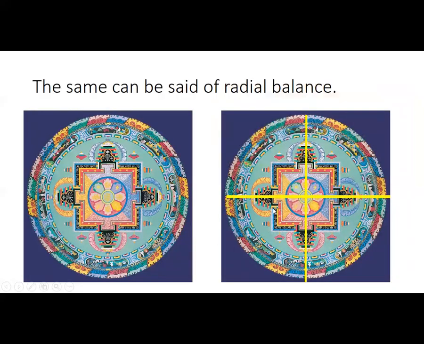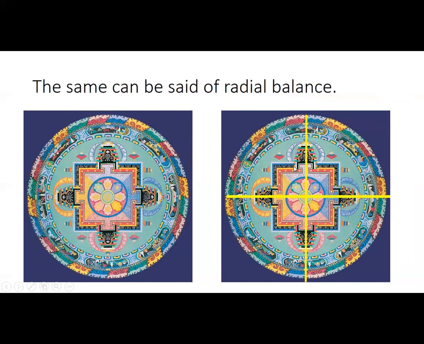When we talk about radial balance, it's easy to figure out too, because generally you can divide it down the middle either way, and you can see that the visual distribution of weight on the right is equal to that on the left. There's an equal amount of turquoise on this side and on this side, and half of the square on this side, half of the square on that side.